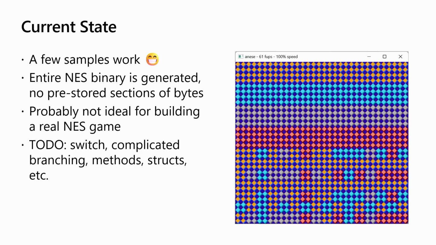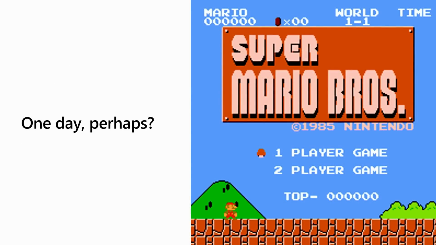Maybe those wouldn't work today. I'd also like methods to automatically be subroutines. That would be a great thing. And it also would be possible for structs to work, which would be the next thing I would look at. But one day, maybe we can get Super Mario Brothers in C#.